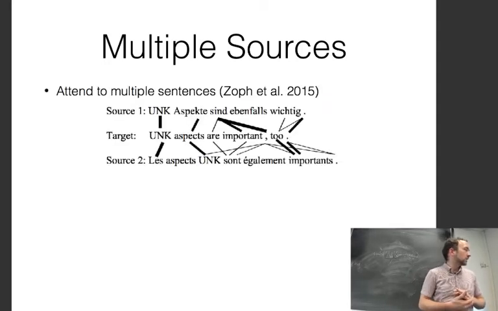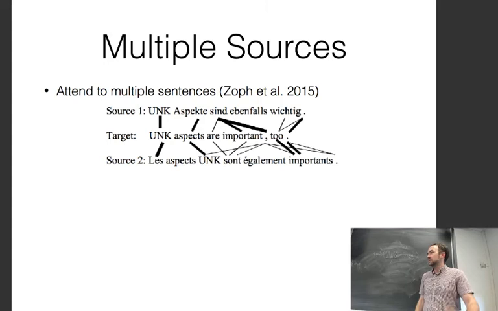Another interesting thing is that you can attend to multiple sources. So let's say you have two varieties of information that you would like to attend to. One example of this is, let's say you wanted to translate from French and German into English. This doesn't seem like it would come up very often, but if you think about it, there are things like TED Talks that have already been translated into 20 languages, but you always want to add one more language.